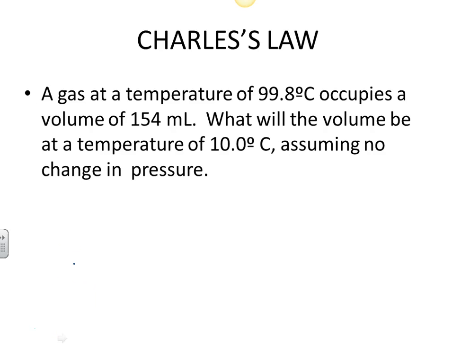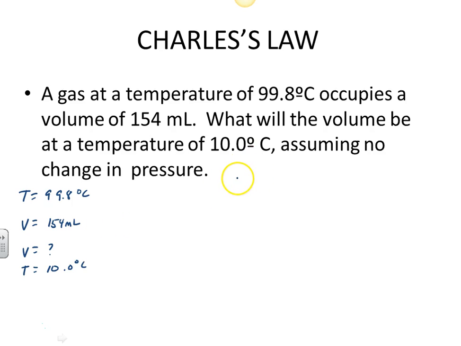All right, our next problem. We've got a gas at temperature, T, 99.8 degrees Celsius, at a volume of 154 milliliters. What will be the volume at a temperature of 10 degrees Celsius, assuming no change in pressure, meaning that we can leave pressure out?